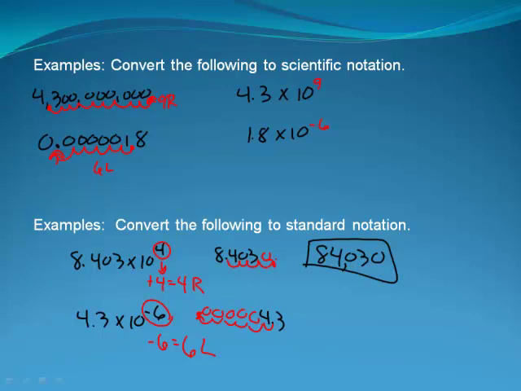So in standard notation, we've got point, and we've got 5 zeros, 4, 3. So 0.000043 is equivalent to 4.3 times 10 to the negative 6.